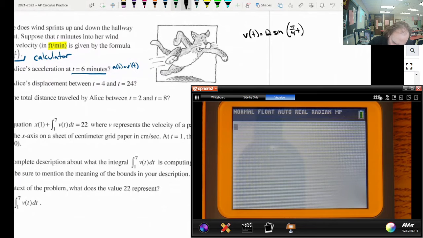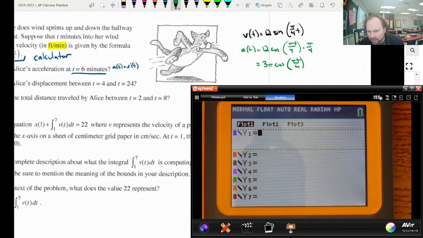The derivative would look like this, a of t. It would be 12 cosine of pi over 4 t times pi over 4. So, it's not too terrible, but we'll do the calculator for most of this. 12 divided by 4 would become 3, so it'd be 3 pi cosine of pi t over 4. And actually, it's not so horrible, but let's let the calculator do it.